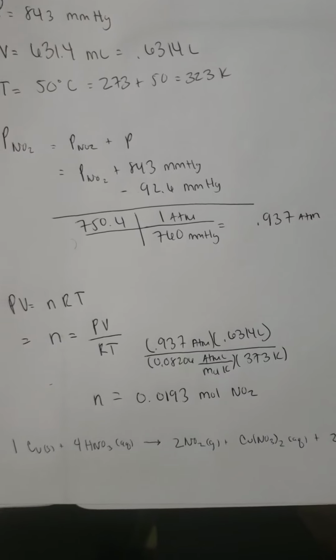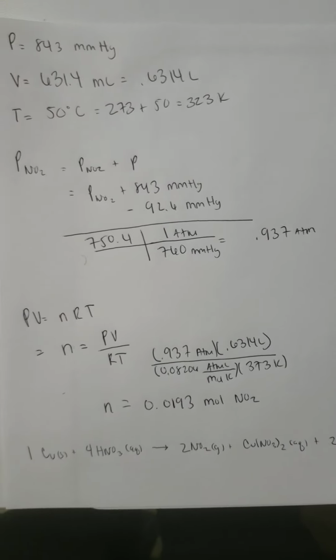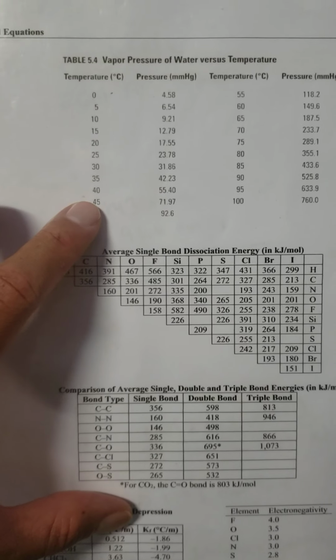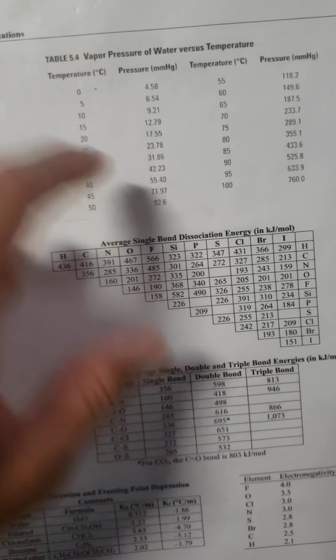So what's given is the 50 degrees Celsius temperature. And according to our vapor pressure versus water temperature chart, the pressure at 50 degrees Celsius is 92.6 mmHg.